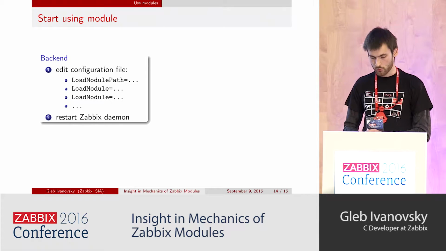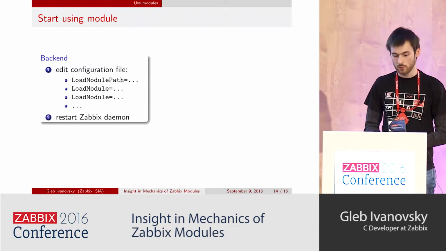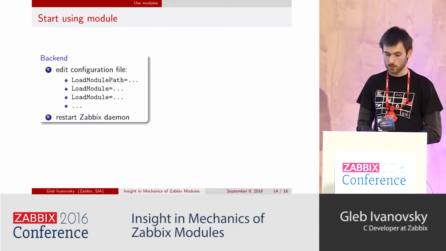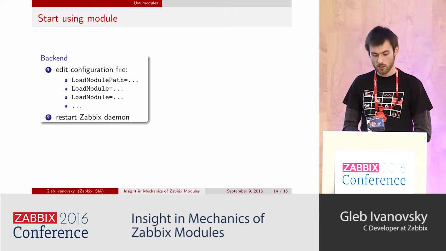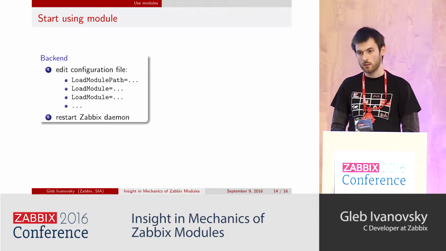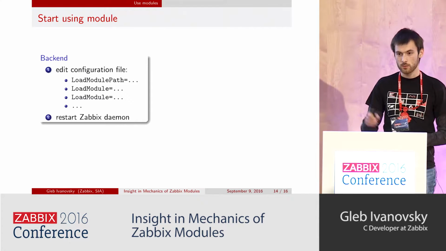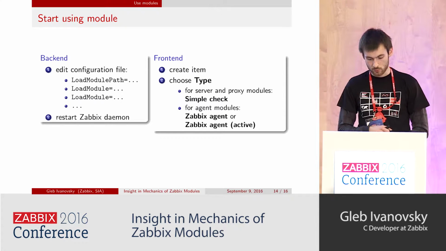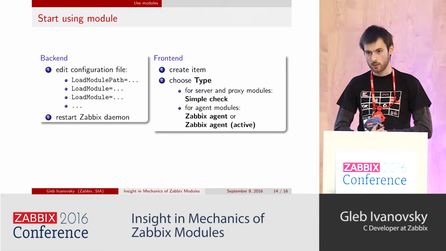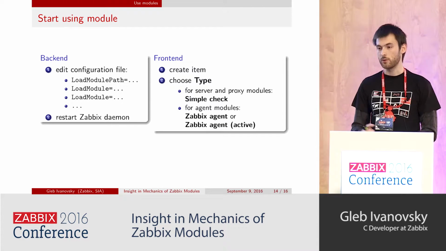And to start using your module, you need to edit your configuration file so that Zabbix knows where your modules are and what they are. And you can specify any number of modules you want. And then you need to restart Zabbix daemon to make these changes happen. Then you go to frontend and create your custom items.